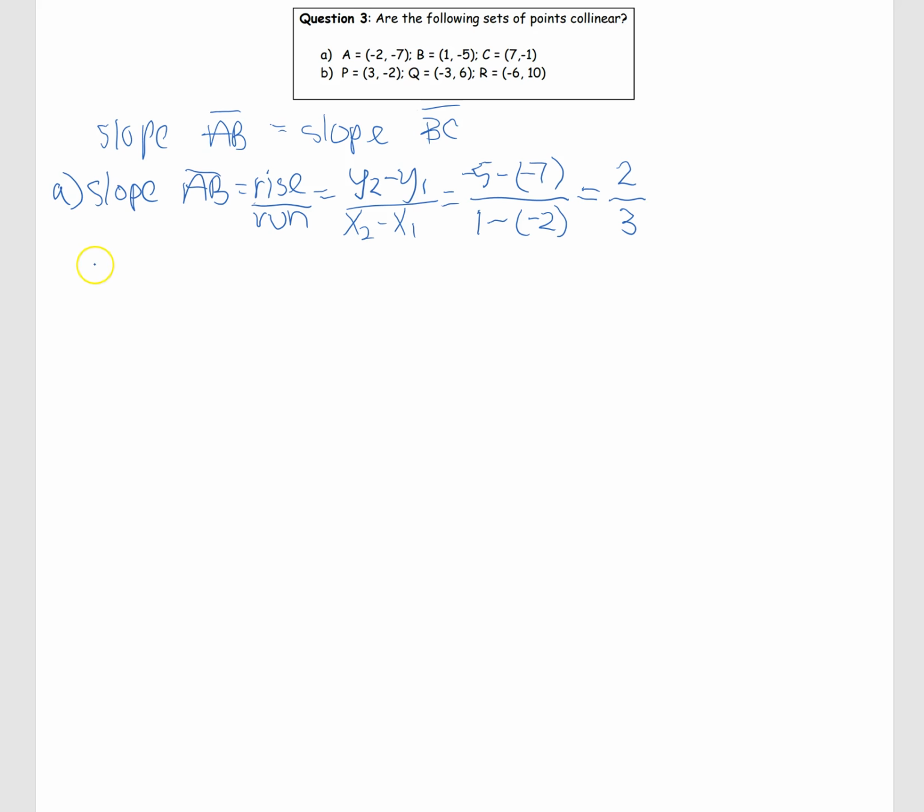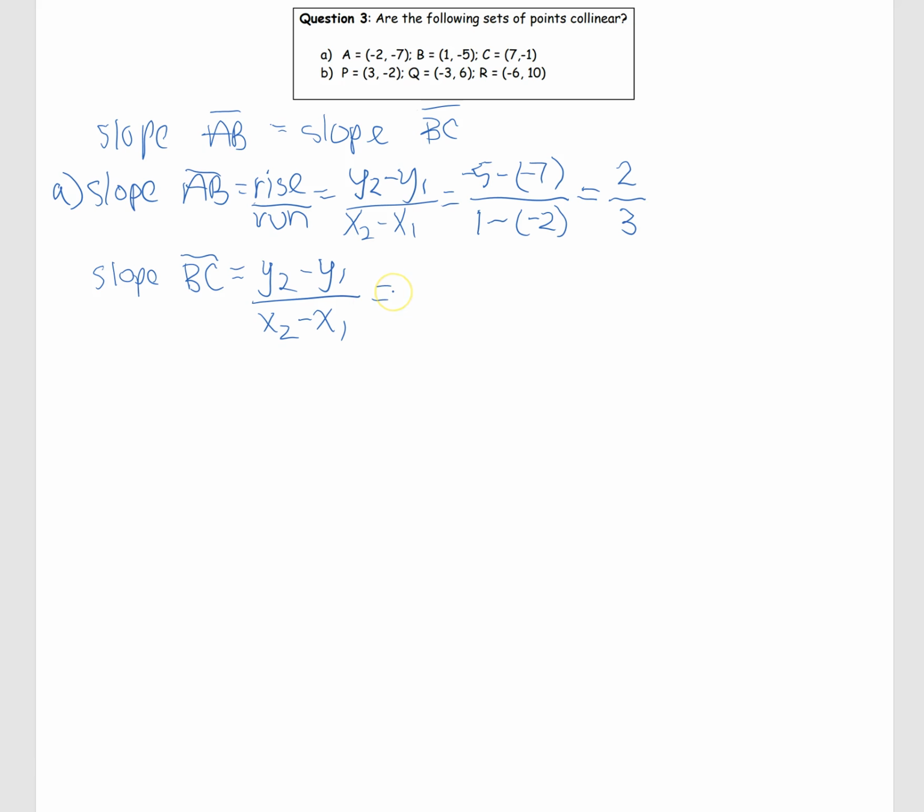So let's check the slope of BC. Again, this is rise over run, which is going to be y2 minus y1 over x2 minus x1.